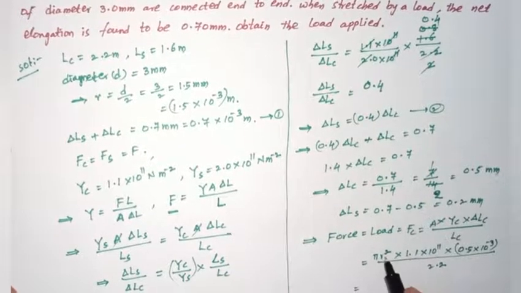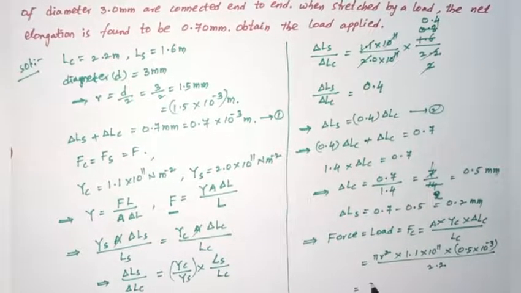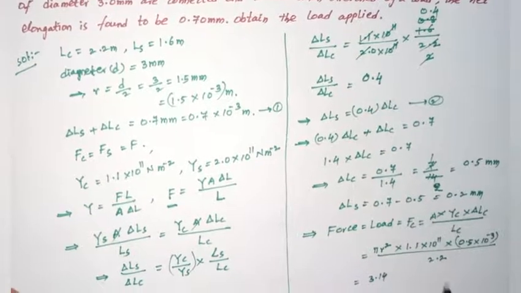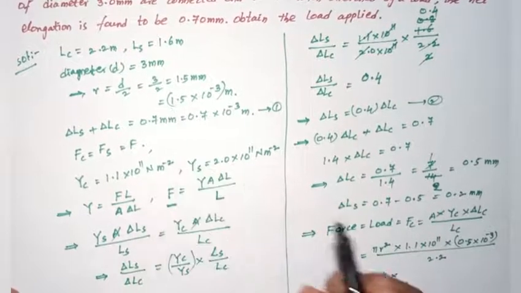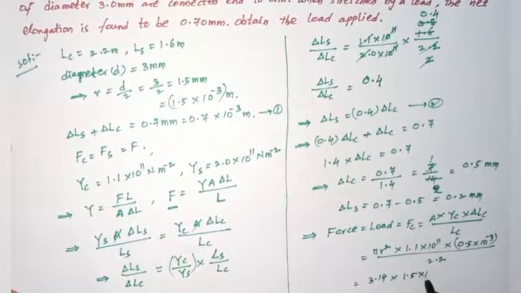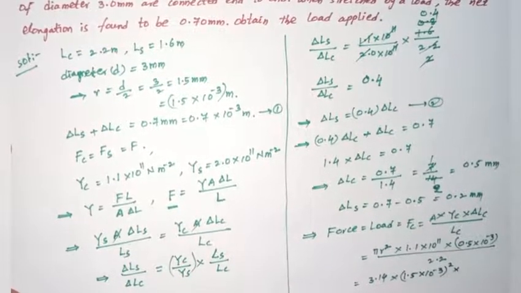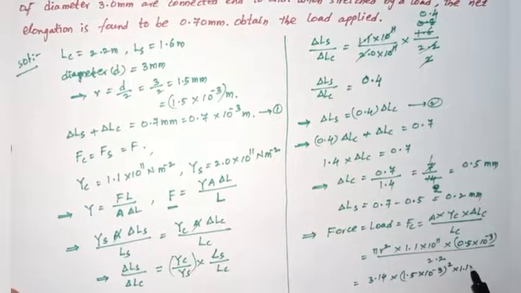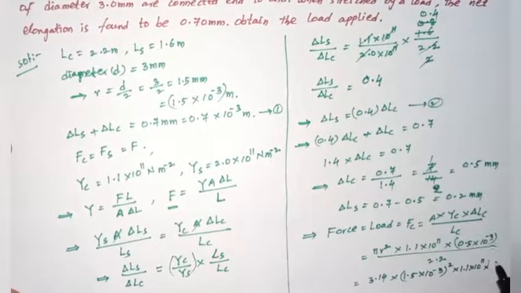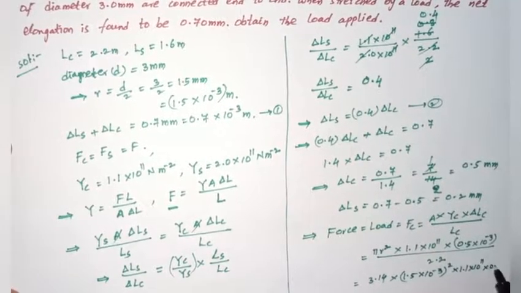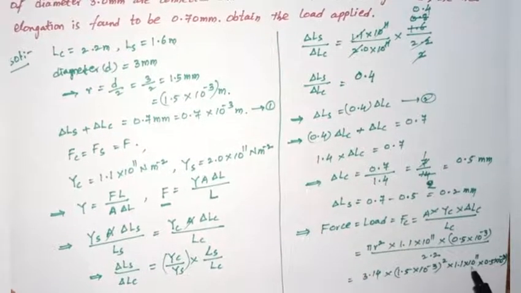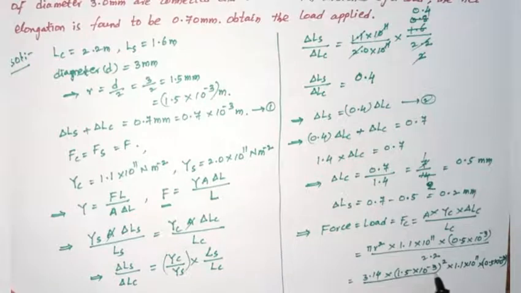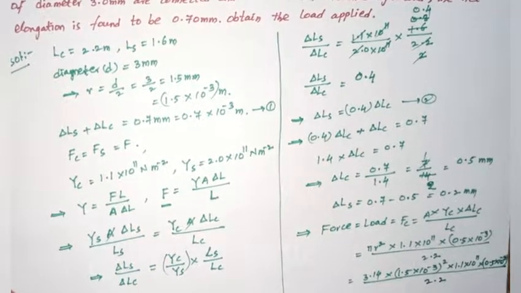Here R square, R is 1.5 into 10 to the power of minus 3, whole square, into 3.14, into 1.1 into 10 to the power of 11, into 0.5 into 10 to the power of minus 3, divided by 2.2.